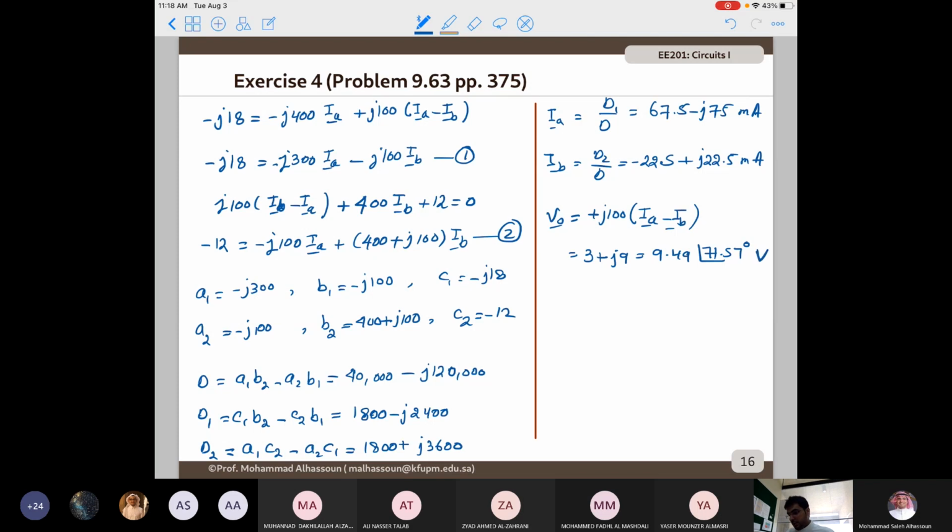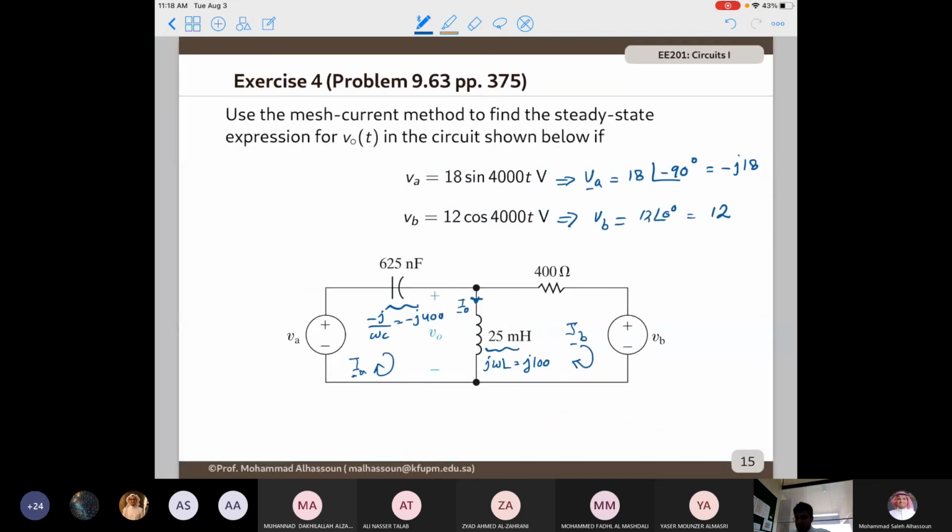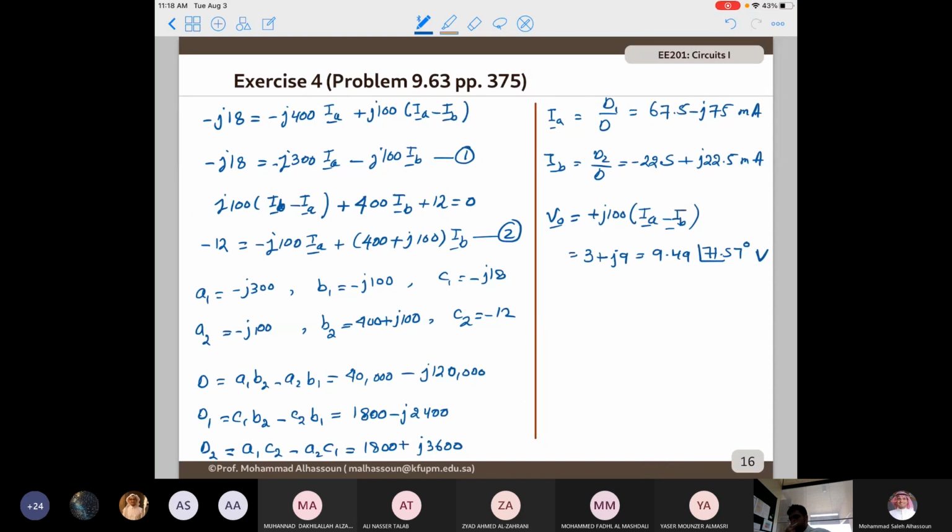Okay, so this is V naught, and remember here we're asked to find the steady state expression for V naught of t, so we need to apply the inverse phasor transform here.